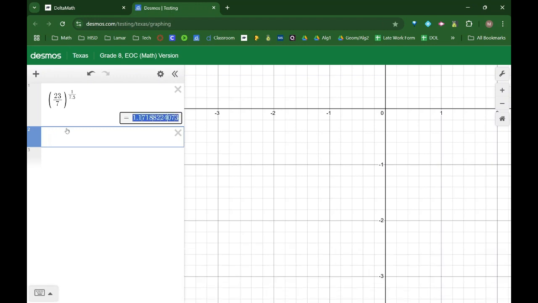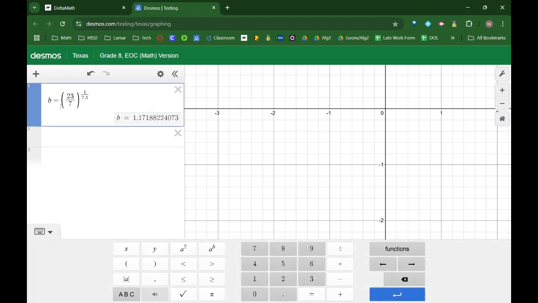Now something you could do here if you wanted, you could say b equals, that's our b value. Now a is equal to 7 over b to the power of 3. I could alternatively type in 1.17188 to the power of 3. Oh jeez. Here we go.